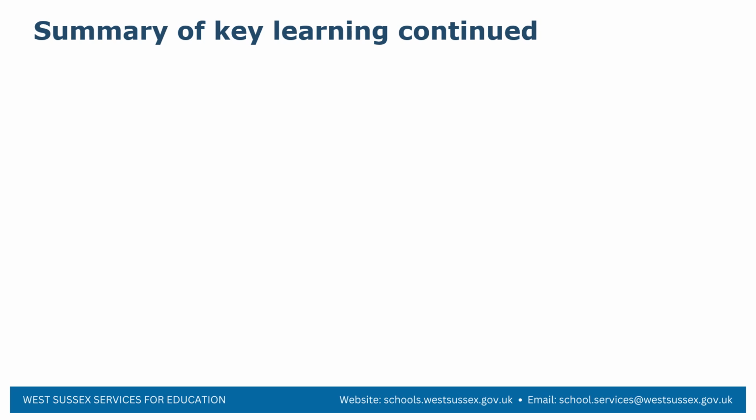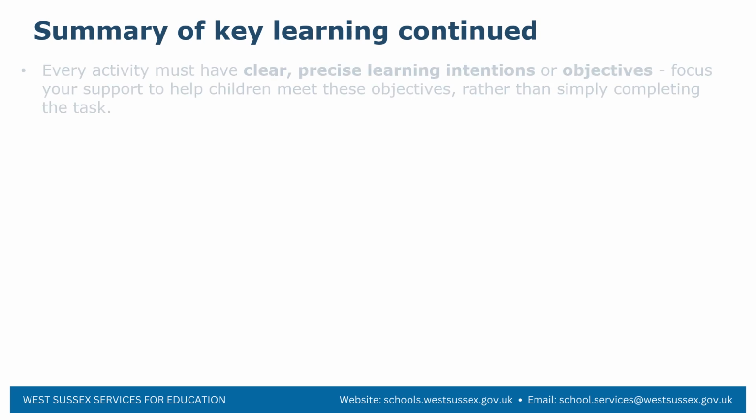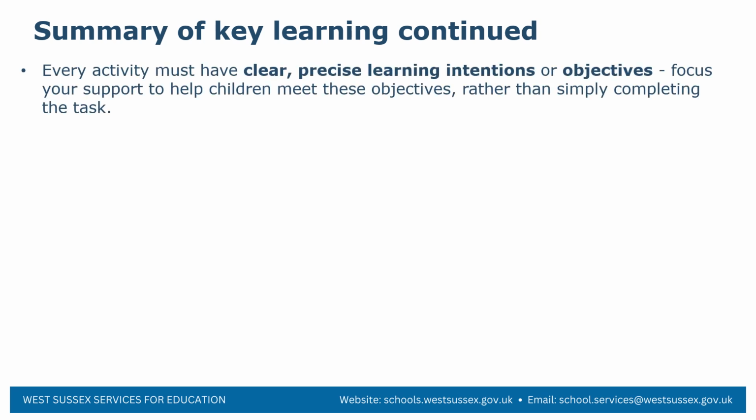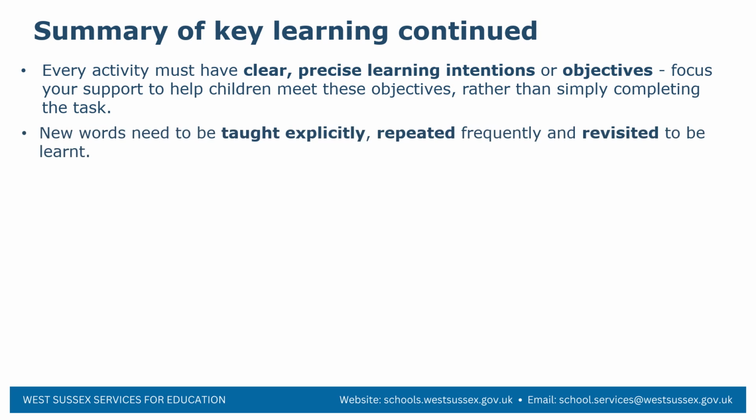Please see more helpful tips below that will summarize key learning from this session. Every activity must have clear, precise learning intentions or objectives. Focus your support to help children meet these objectives rather than simply completing the task. New words need to be taught explicitly, repeated frequently, and revisited to be learned.